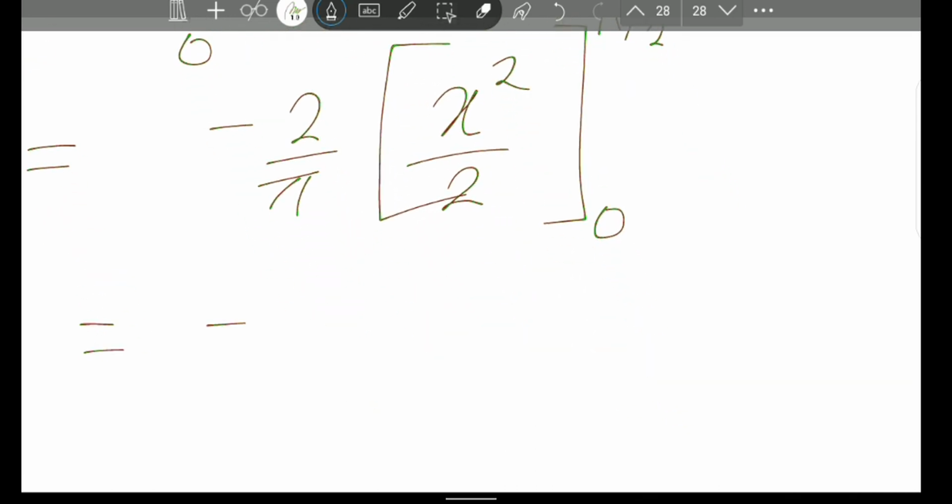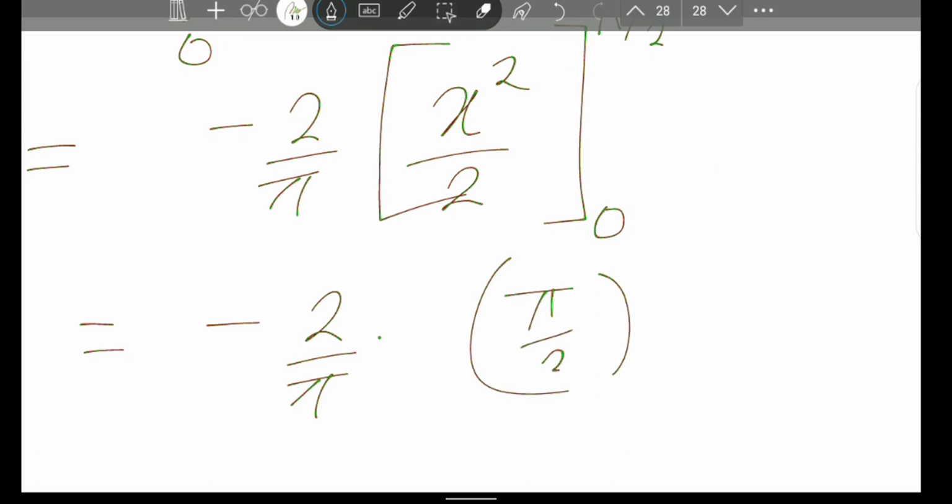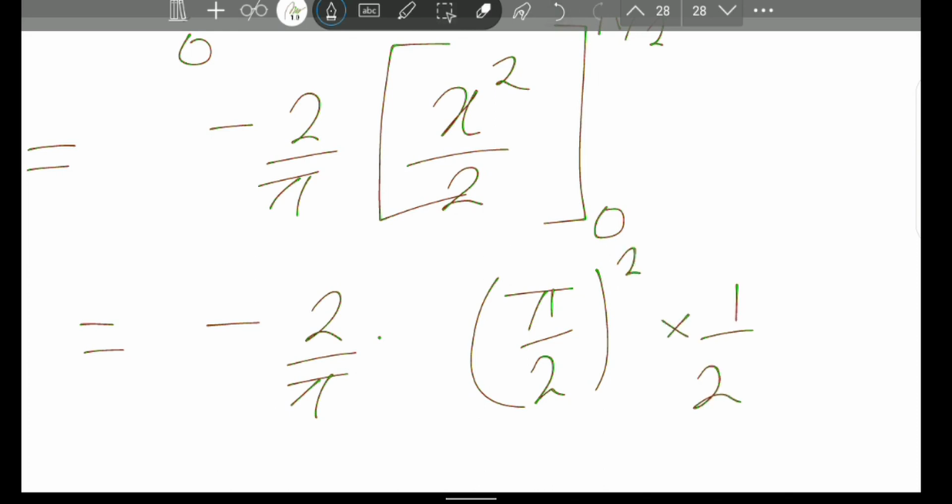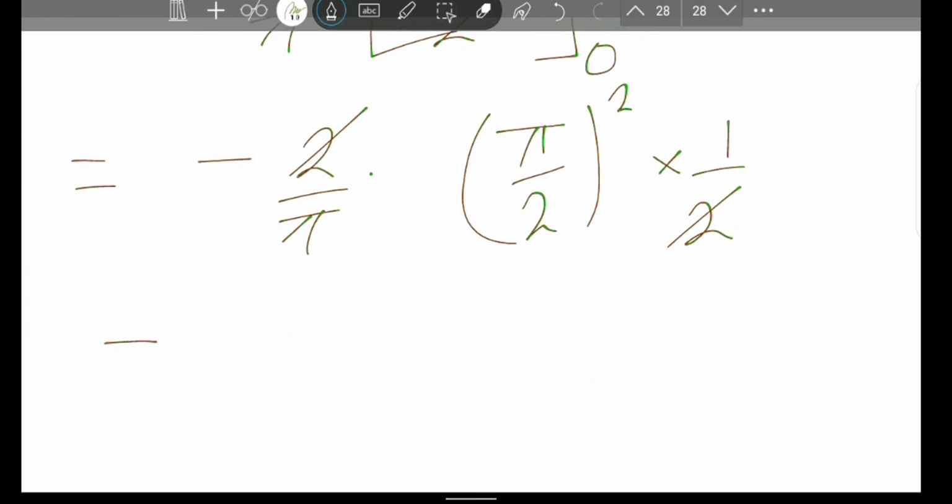When we do that, we have minus 2 by pi into pi by 2, whole thing squared, into 1 by 2. Well, we can cancel 2 and 2, pi squared and pi get cancelled, and you are left with minus pi by 4. That's it.